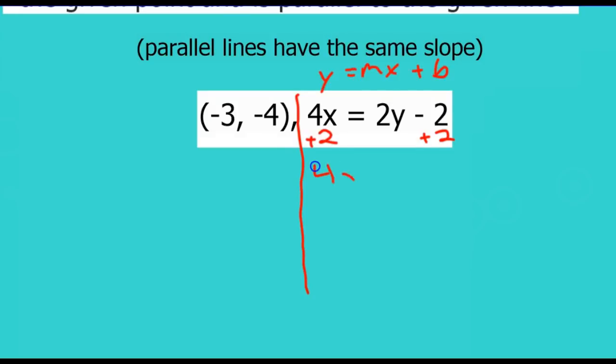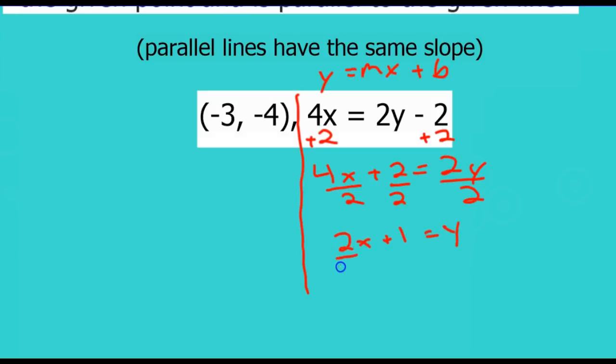So we get 4x plus 2 equals 2y. Now I'm going to divide by 2 to get y by itself. So we get 2x plus 1 equals y.